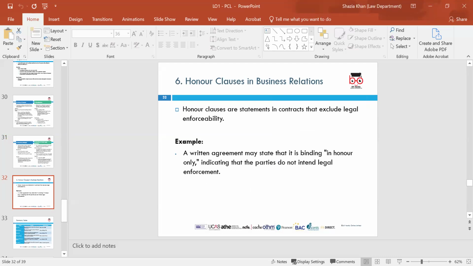These are statements in contracts that exclude legal enforceability. An example is a written agreement that may state that it is binding in honor only, indicating that the parties do not intend legal enforceability.